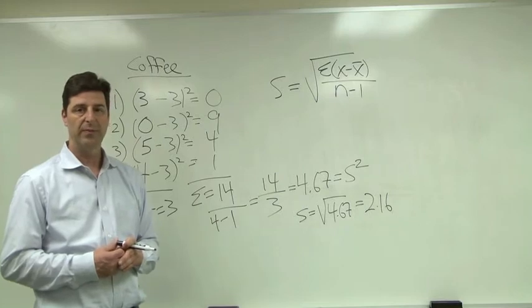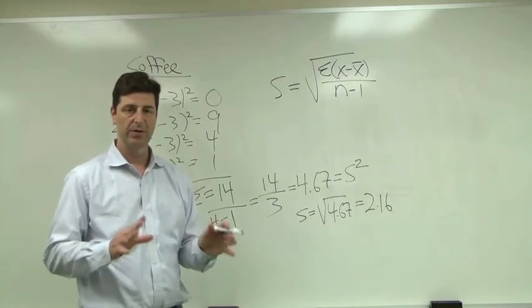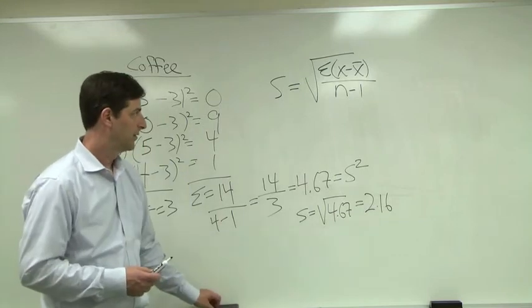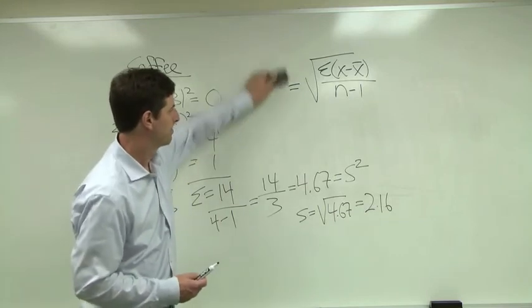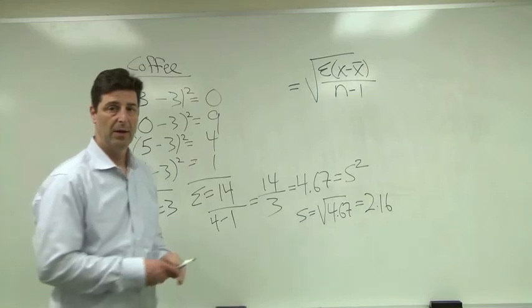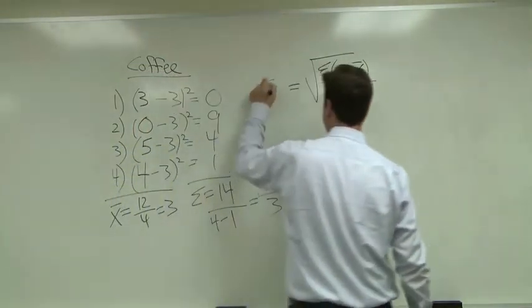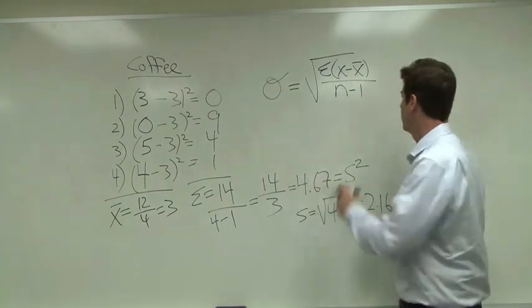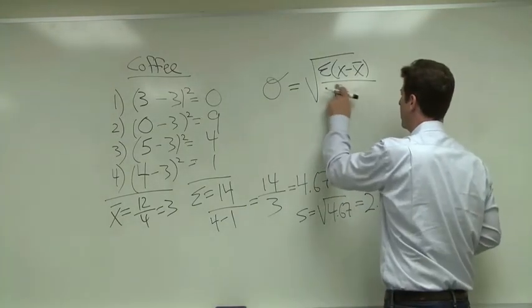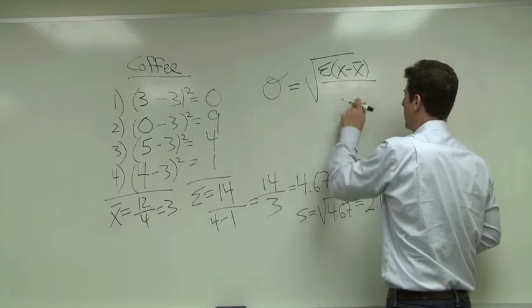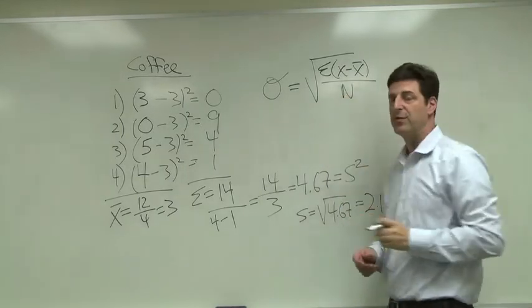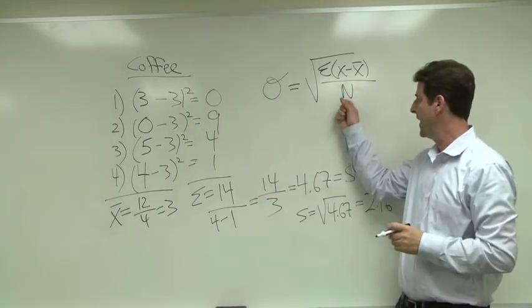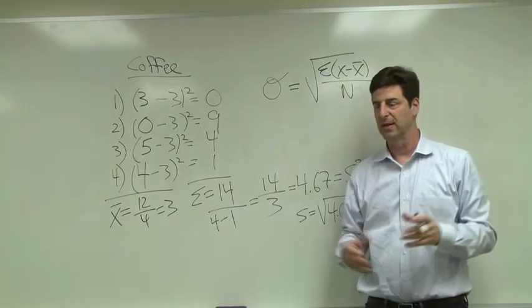Now, what if this had been a population? We're going to go through and adjust this. The formula would change a little bit. That is the symbol for the standard deviation for the population. And instead of doing n minus 1, we're going to use n, which is the total number of cases in the population.